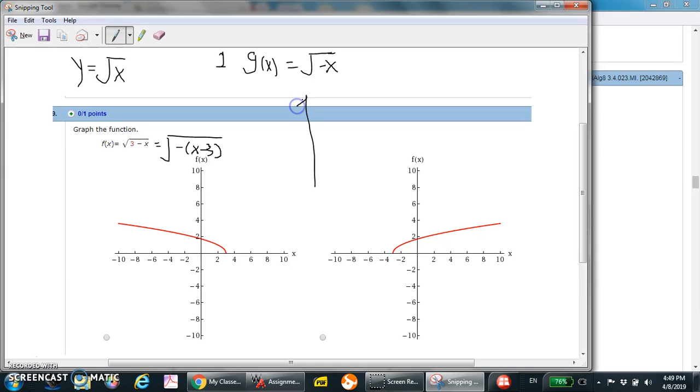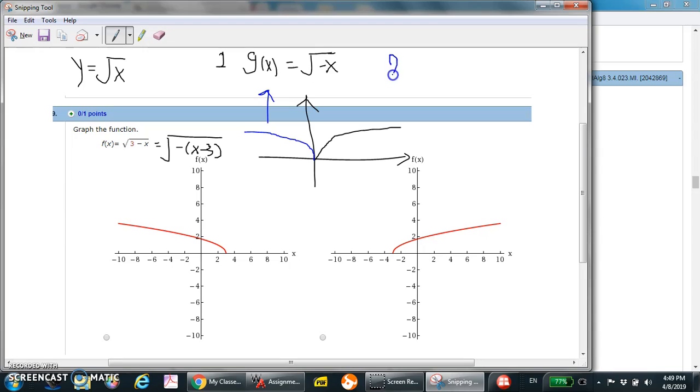So then I graph the basic function, like this. The graph of g(x) is the graph of this basic function reflected about the y-axis. So I will get something like this. This is the graph of this function.